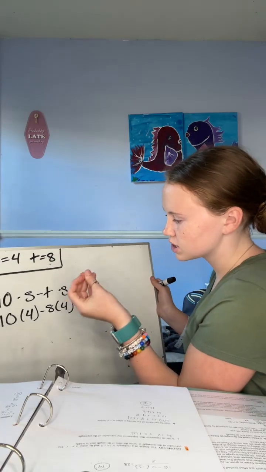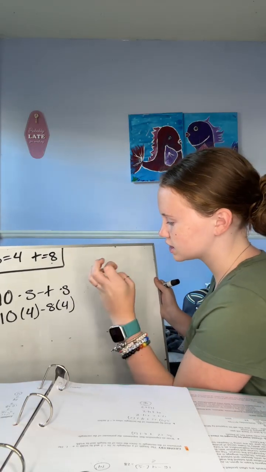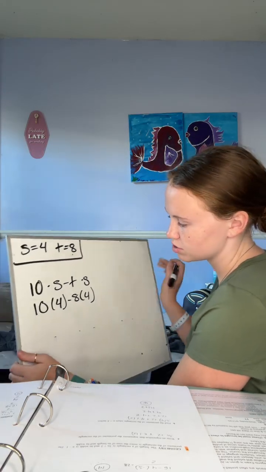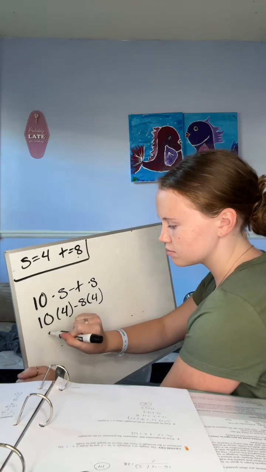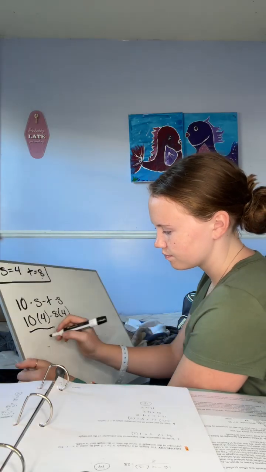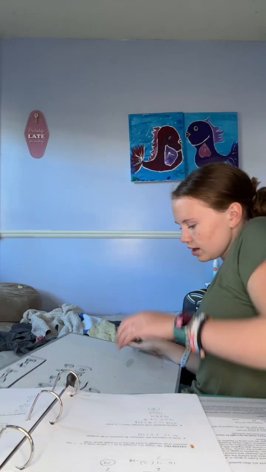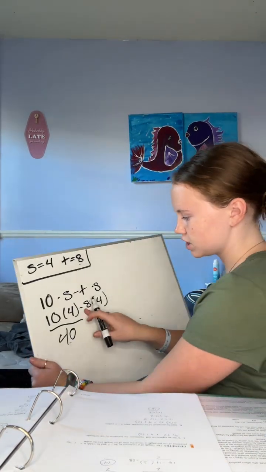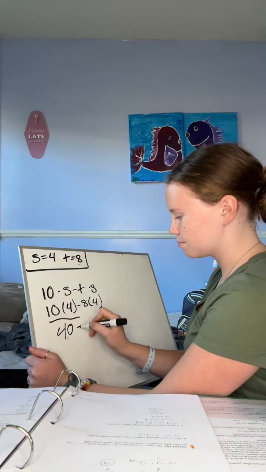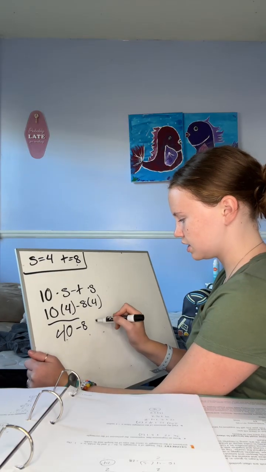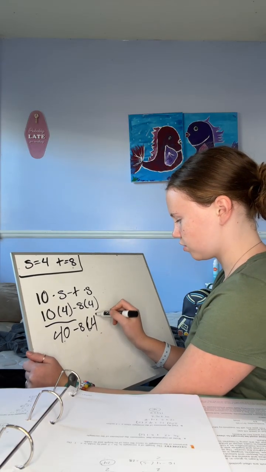Okay? So once again, starting with PEMDAS, my parentheses, there's no action in it, so I'm just going to start here. 10 times 4 gets me 40. So 10 times 4 is 40. I'm going to bring that down, that minus 8 times 4 here.